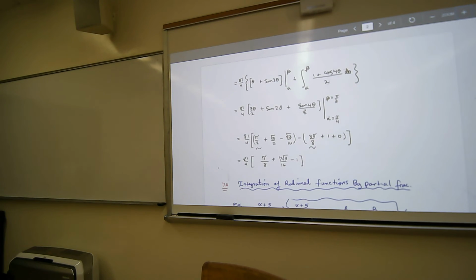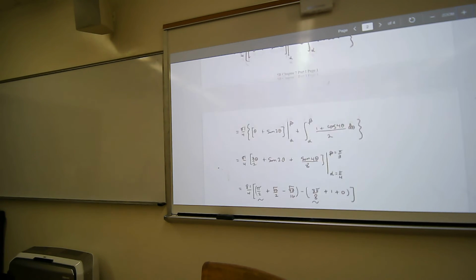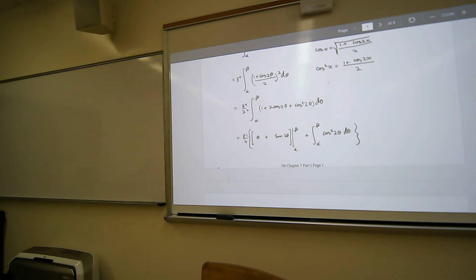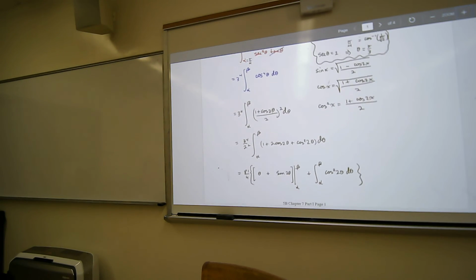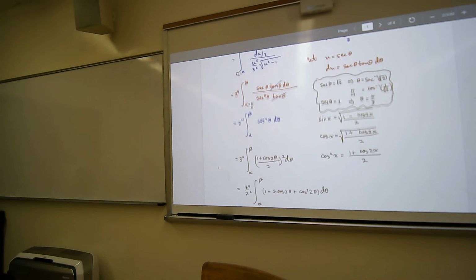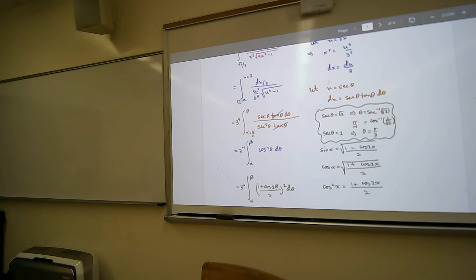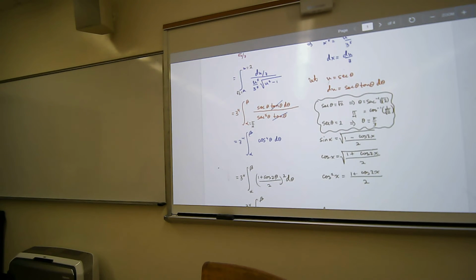Now, if you want to trace back, as far as the limits right here, would it have been easier for me to go back to the original variable? Not really. How would I do it? Well, it's easy. You go back to the first place where you defined theta, which was right here.